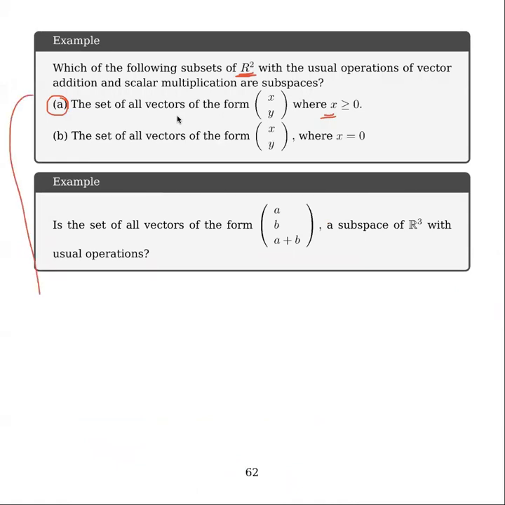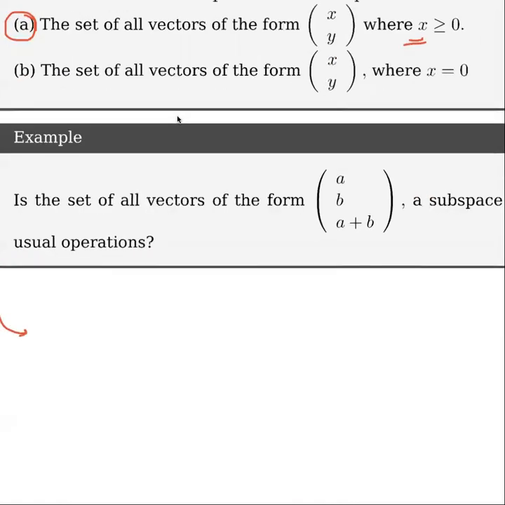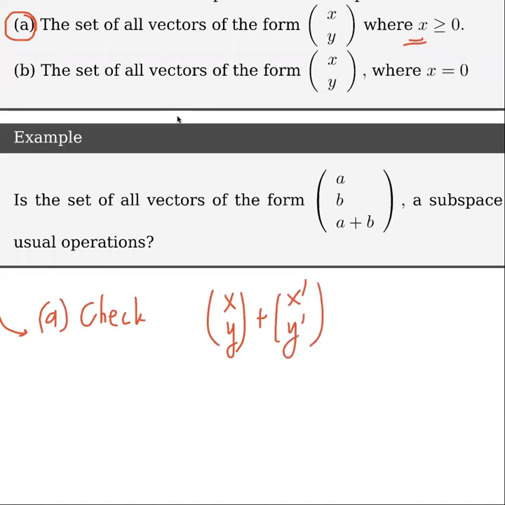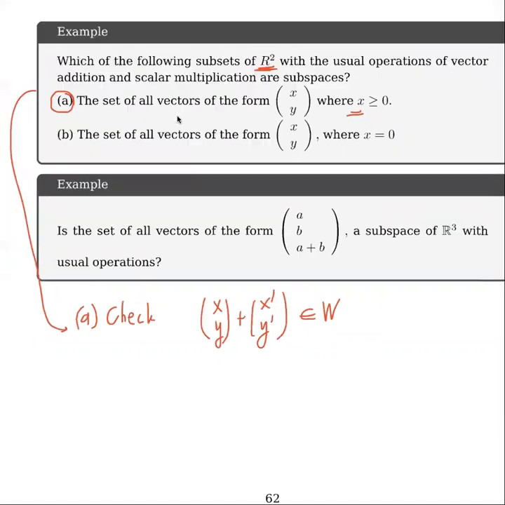So example A. Check, so let's call this set W.